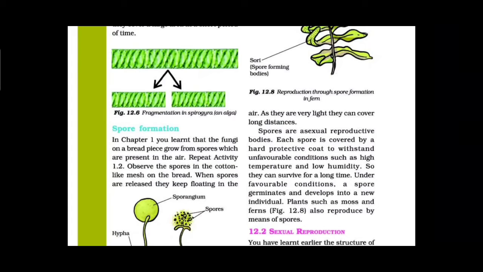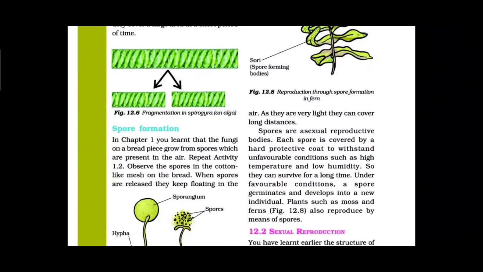The spores are in the cotton-like mesh on the bread. When spores are released, they keep floating in the air. If we disturb the spores, what happens? They will float in the air. As they are very light, they can cover long distances. It fully destroys the bread. The fungi fully destroy the bread.